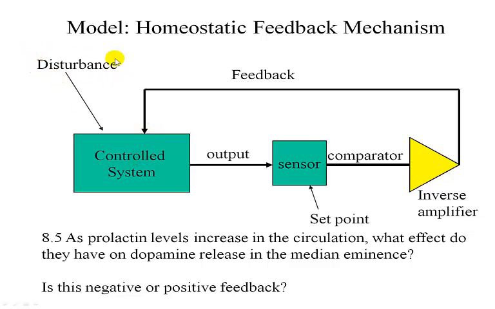So we would inject testosterone into a male or a female, and so in effect, controlled system gland 3 would have an increased output of hormone 3. The sensor comparator determines that that is above the set point. Say it's 10 above the set point. Then you inverse amplify that to a negative 10.